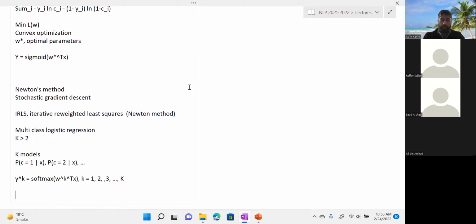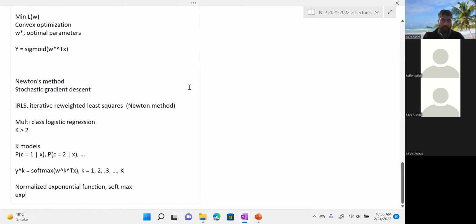So what is this softmax function? The softmax is also called the normalized exponent function. Essentially, if I write this function, this is exp of w^k, the kth function up there, and in the denominator we have the sum of all those exponents.